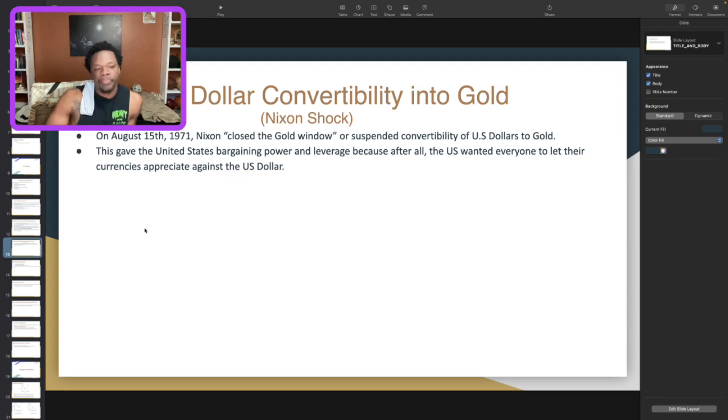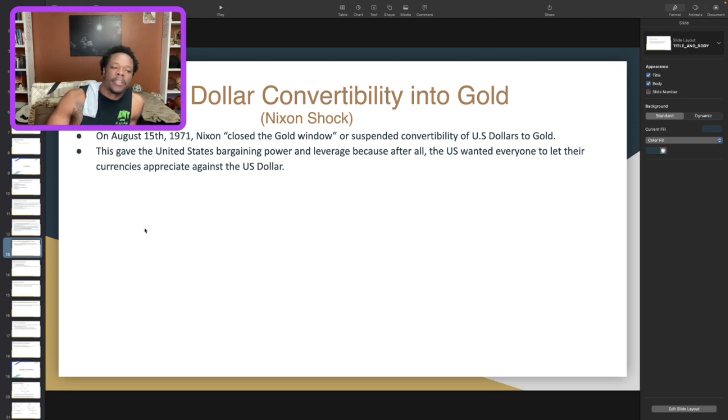So, on August 15, 1971, President Nixon decided to close the gold window, or suspend convertibility from US dollars to gold. This gave the United States bargaining power and leverage because, after all, the U.S. wanted everyone to let their currencies appreciate against the U.S. dollar.